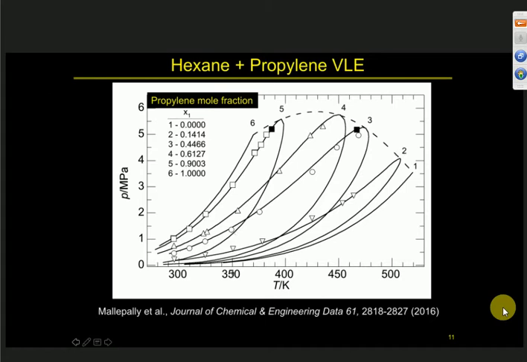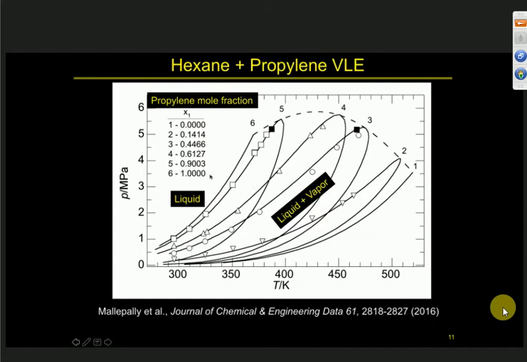So here at 350 kelvins, if your starting point is here, in a single fluid phase, like a liquid, then as you drop the pressure, you hit the bubble. This is the first appearance of the bubble. Then as you keep on dropping the pressure, you go more and more into liquid plus vapor.